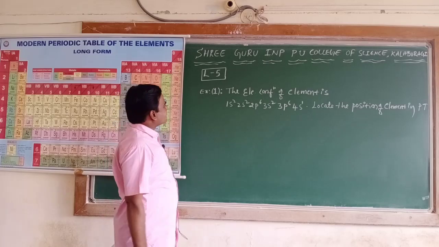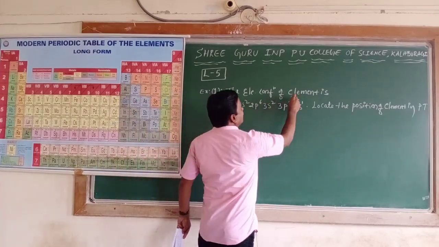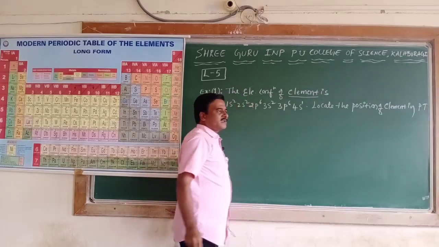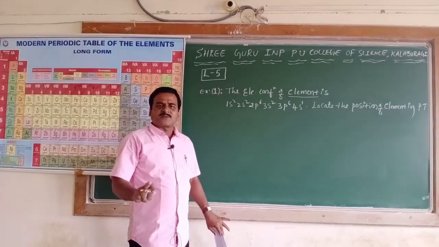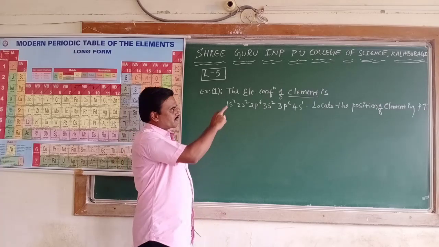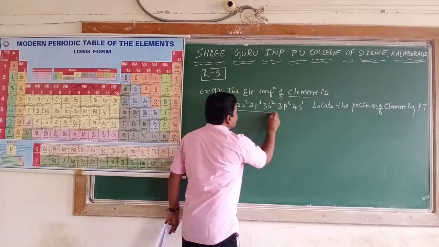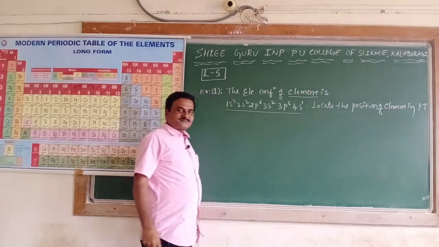What have they given in the example? The electronic configuration of the element. They have not given the name of the element, simply the element without specification, but its electronic configuration is given.